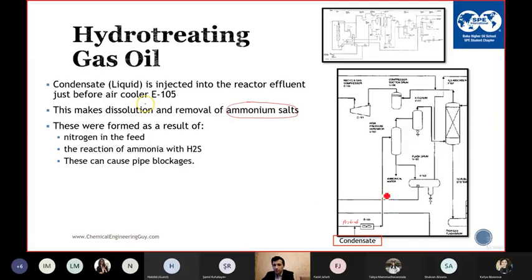Then we cool it and send it to the high pressure separator. In the high pressure separator, we separate hydrogen, and the rest is sent to the 3-phase separator. Here we have the water. Here, this is our main product. This is the gases.